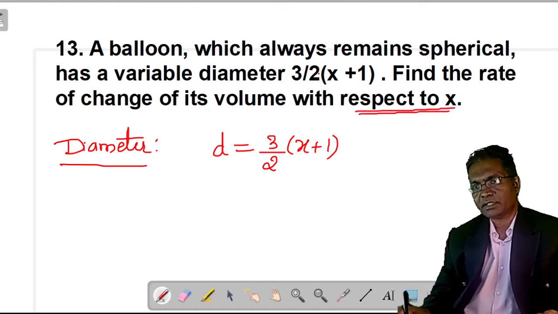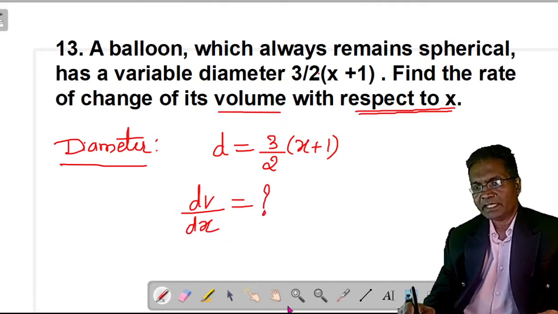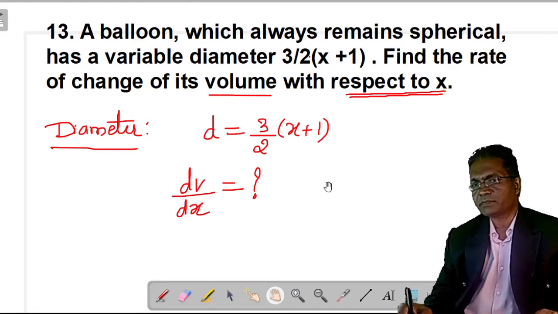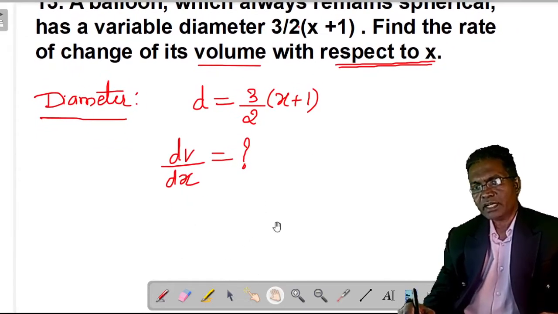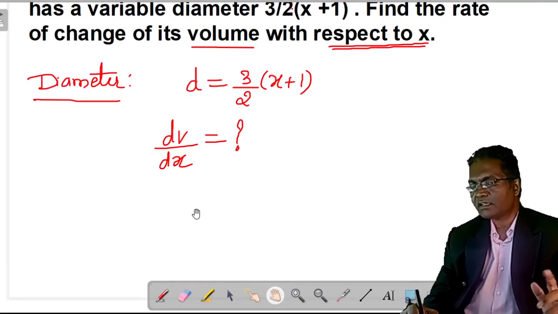This is important. You are asked the rate of change of volume with respect to x, which means you are asked dv by dx, not dv by dt. As we know, volume is 4 by 3 pi r cube.